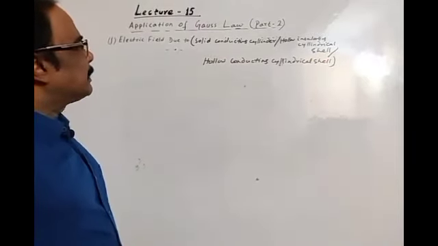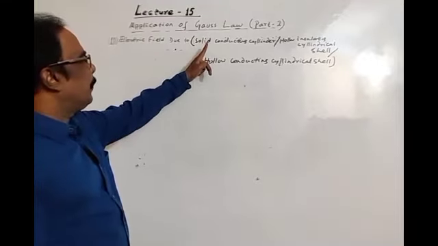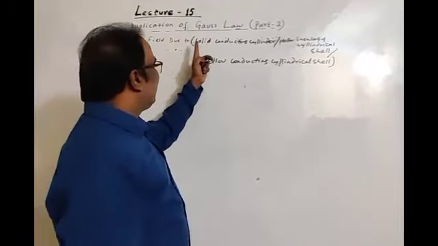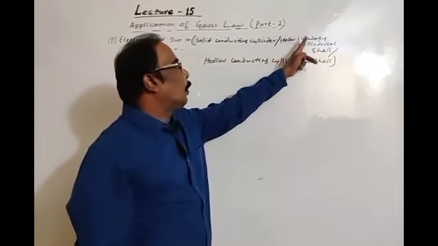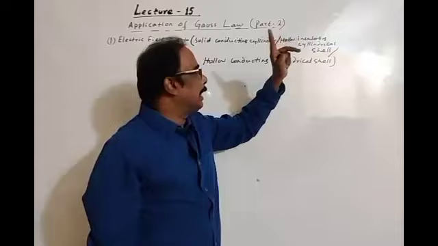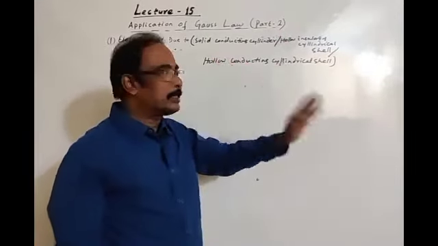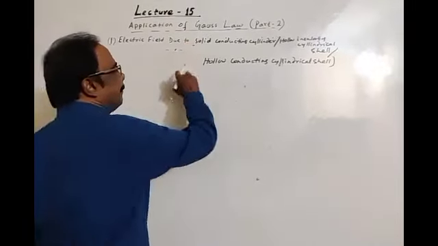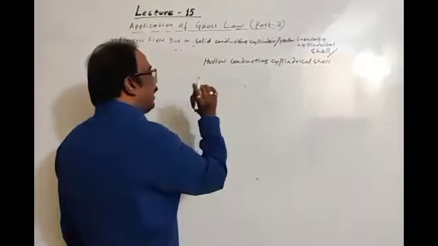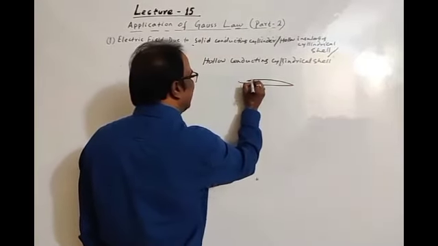For all these our answer will be the same. Electric field due to solid conducting cylinder, or hollow insulating cylindrical shell, or hollow conducting cylindrical shell, for all the answer will be the same. Why? Let's consider this is a solid cylinder.